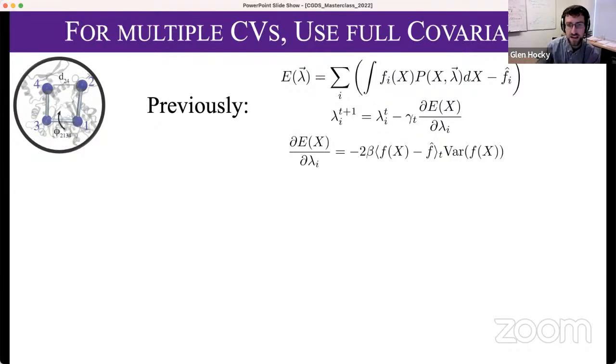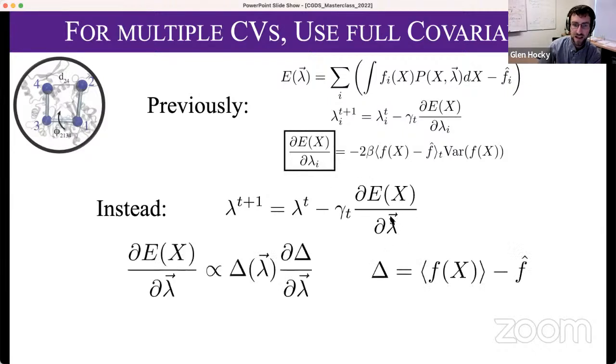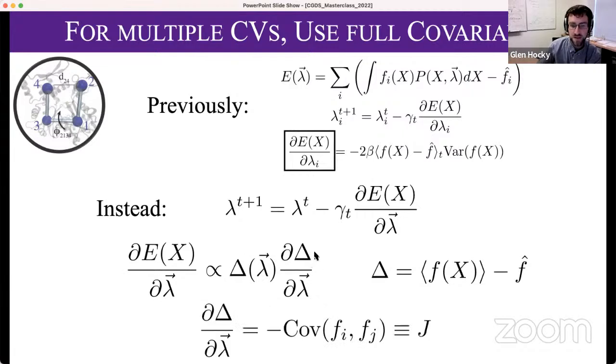And in this particular case, what we realized is we can also replace this gradient of a single one with a gradient of the whole vector. In that case, this term, instead of being the difference and the variance of a single vector, you get the vector distance and the covariance of the term.